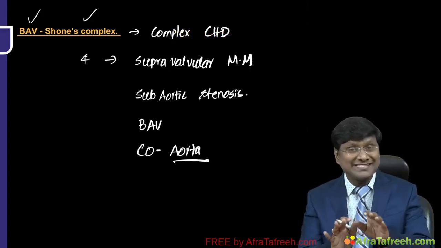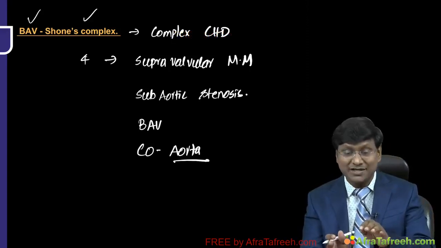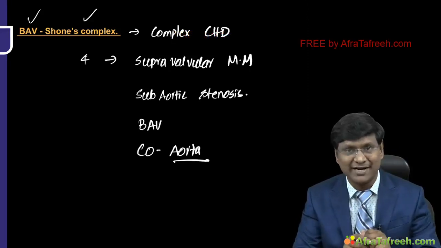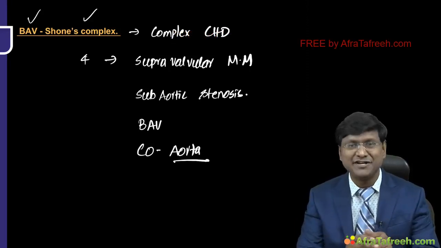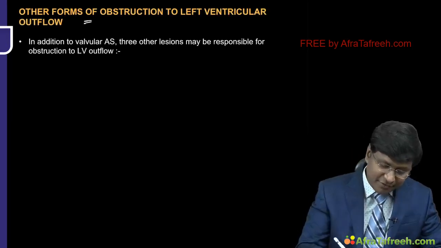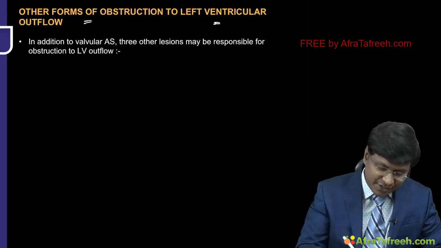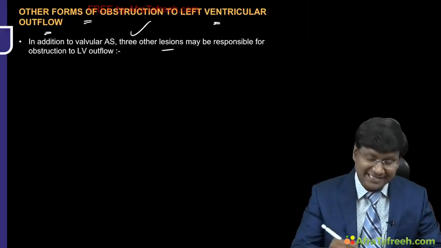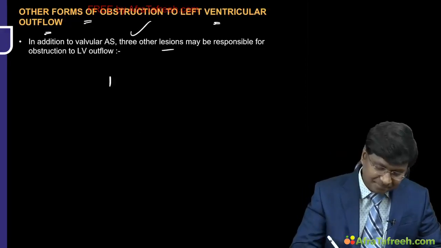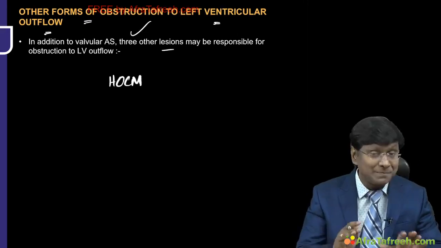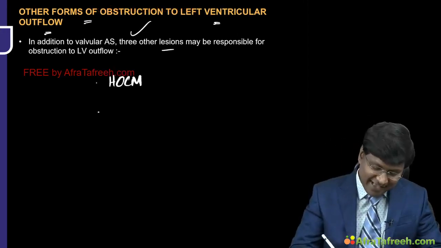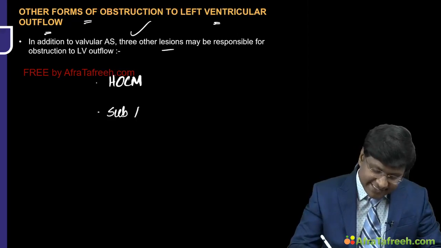Now, this aortic stenosis is one of the obstructive lesions at the level of the left ventricular outflow tract. But there are many other differential diagnoses as well. So if you see the other forms of obstruction to the left ventricular outflow tract, we have 3 other lesions. Number 1, hypertrophic obstructive cardiomyopathy, right? Then we have subaortic stenosis, right?